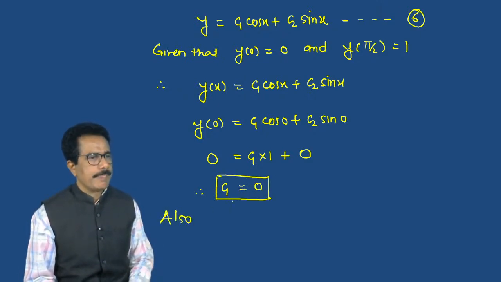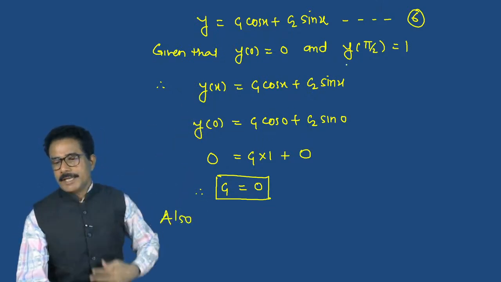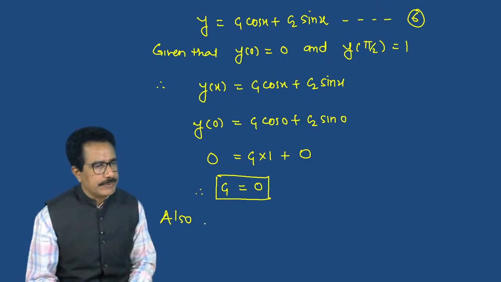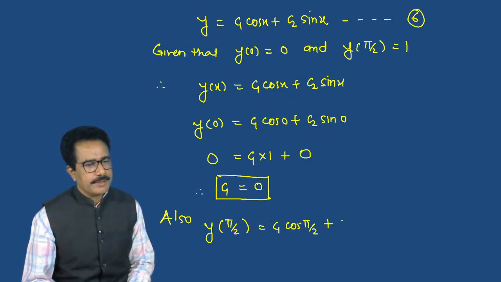Also again we are given y of pi by 2, is that correct, students? y of pi by 2 is equal to c1 cos pi by 2 plus c2 sin pi by 2.